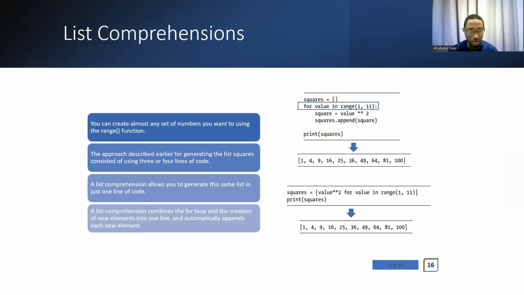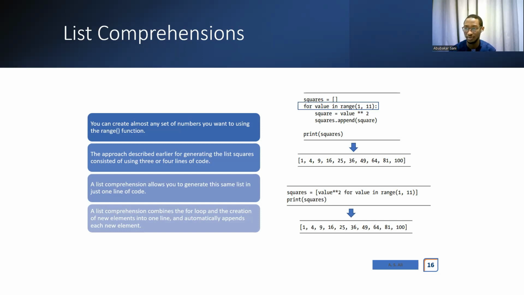Okay, we have a concept called list comprehension. This is a little bit of an advanced concept, but very powerful. We would like to see how we can simplify our for loop using what we call list comprehension, because we are always going to be creating lists from maybe another list.